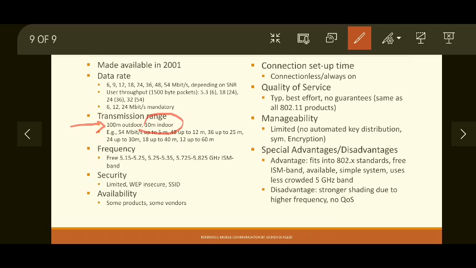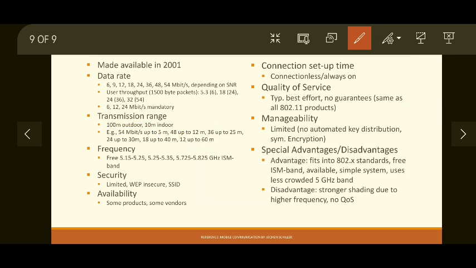The data rate supported changes depending on distance: up to 5 meters the maximum data rate is achieved. But as you move away from the access point, up to 60 meters, only 12 Mbps can be achieved.